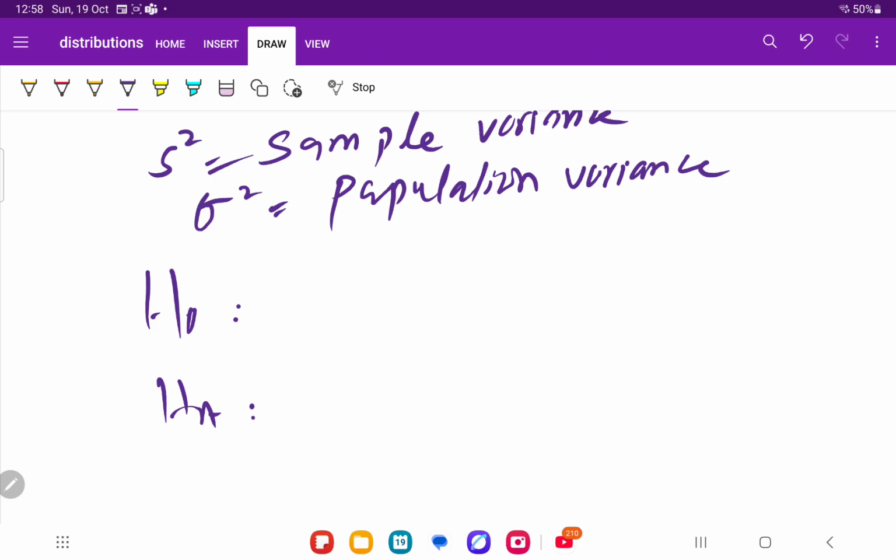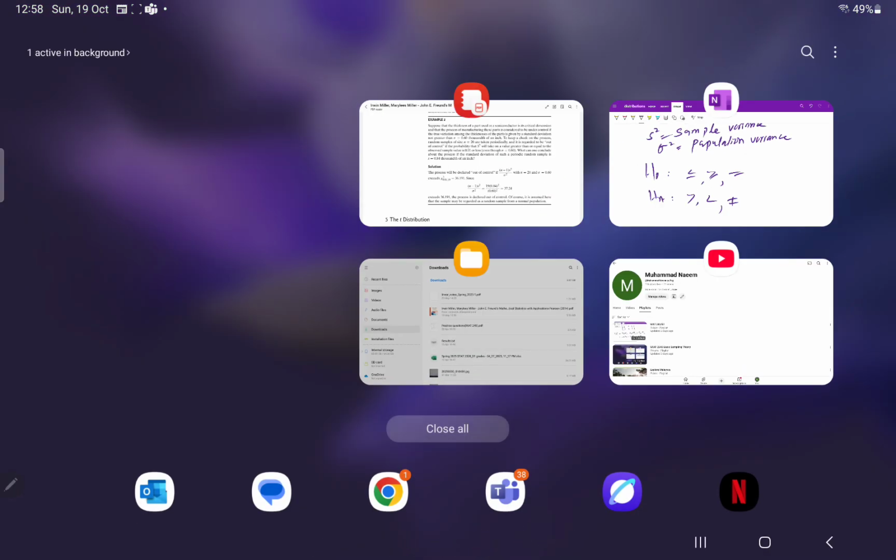In the null hypothesis we have already communicated that greater than, less than or not equal to are included in the alternative, and less than or equal to, greater than or equal to, or equal to are part of the null hypothesis. So usually we have these types of hypothesis, and we need to get some evidence to reject H naught. Okay, so first of all we'll see a question, and then you will be able to know exactly what we are doing.